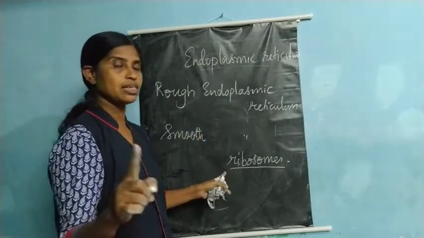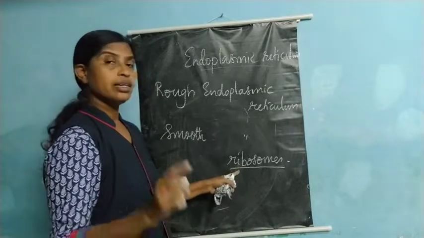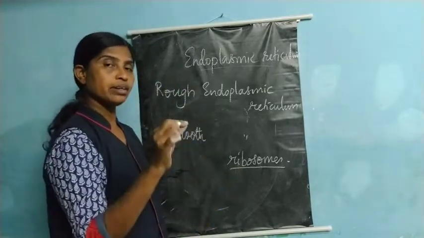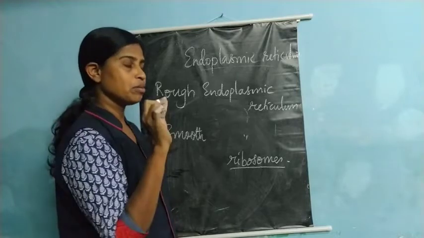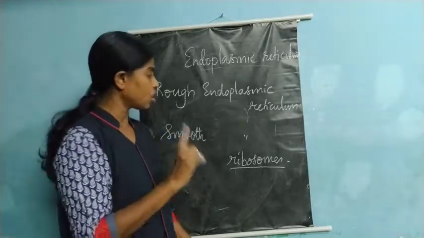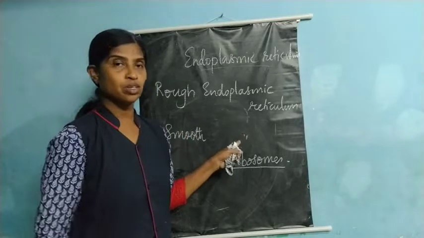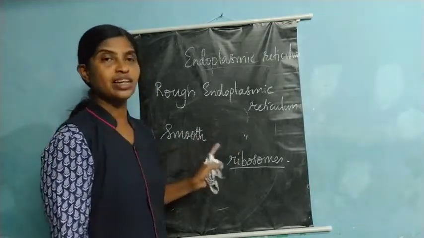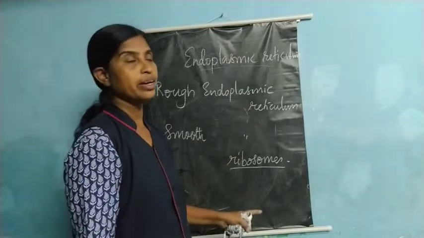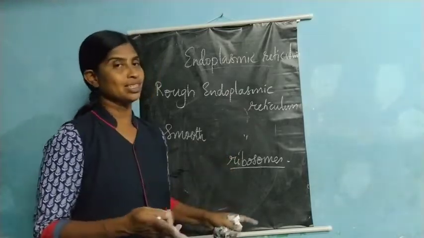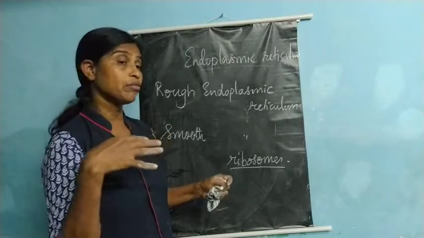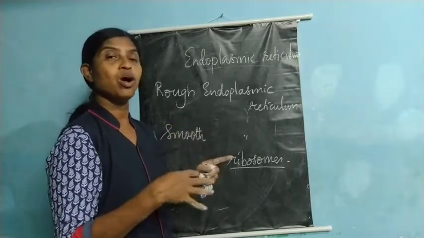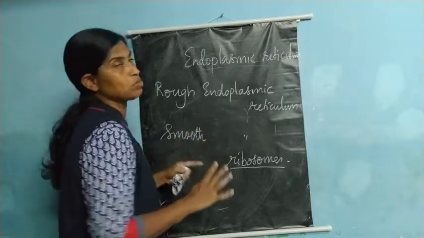It is also in the textbook, I hope. Where ribosomes are attached to the long tubular structure, it is called rough endoplasmic reticulum. If ribosomes are not there, it is called smooth endoplasmic reticulum. So this shows that ribosomes are not always attached to the endoplasmic reticulum.